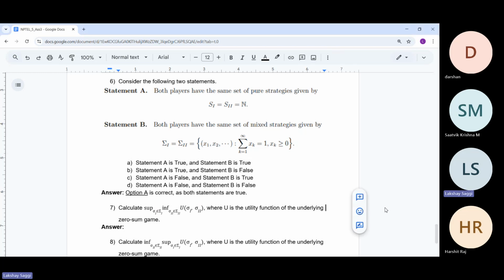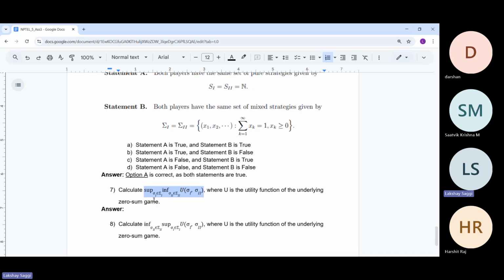Okay, so let's see here. Before coming to the answer, what is this saying? Right now, instead of supremum and infimum, I'll just say maximum and minimum for convenience, just for easier understanding.